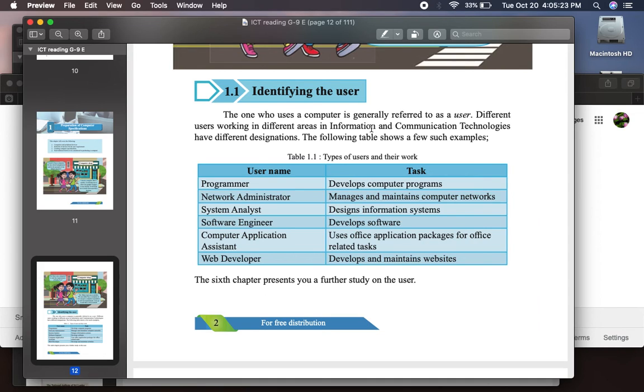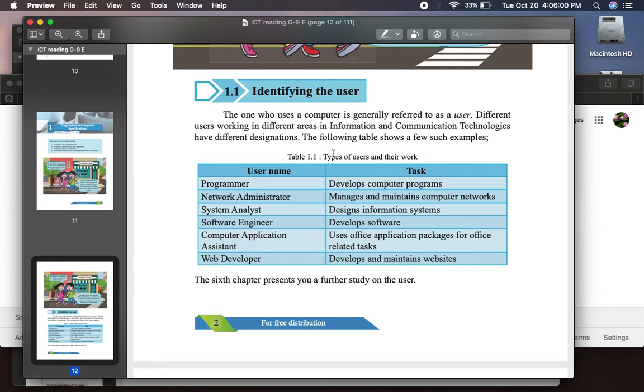So there are different areas within information and communication technology, and those users who are in different areas or jobs within that ICT subject will have different designations or titles. The following table shows a few such examples.